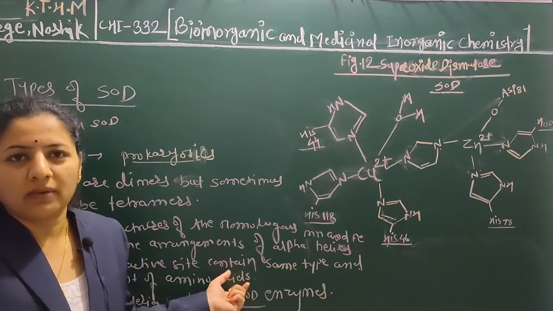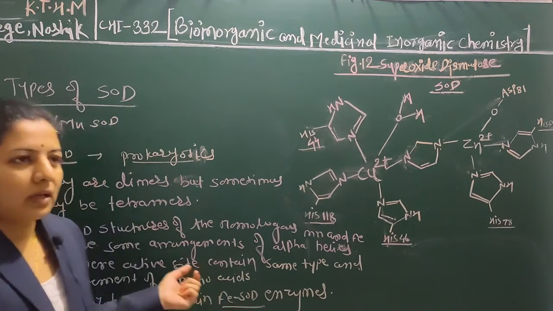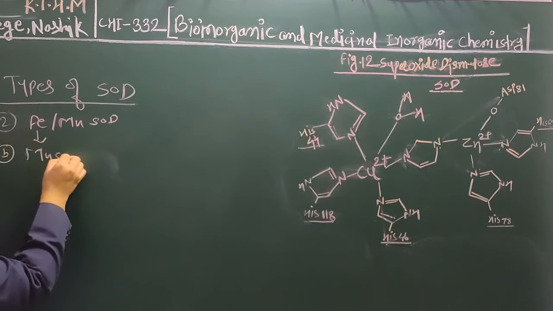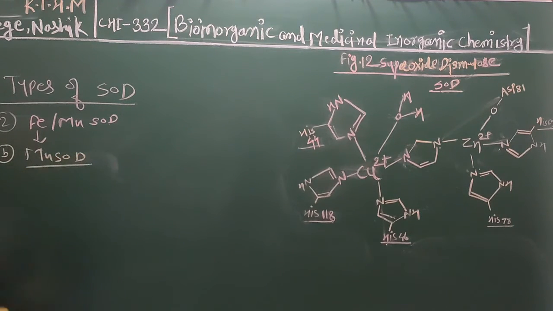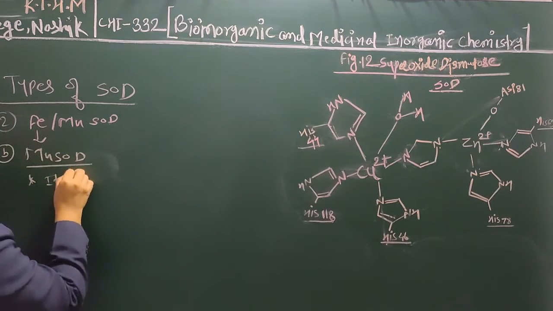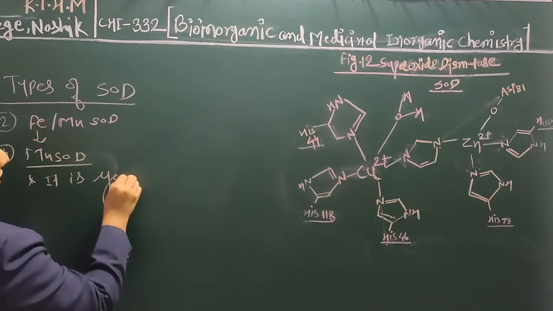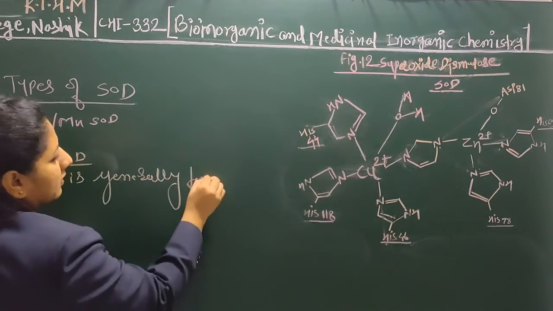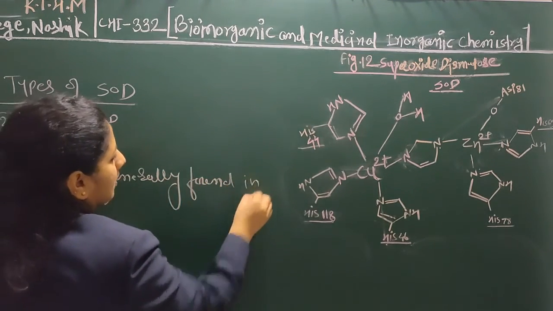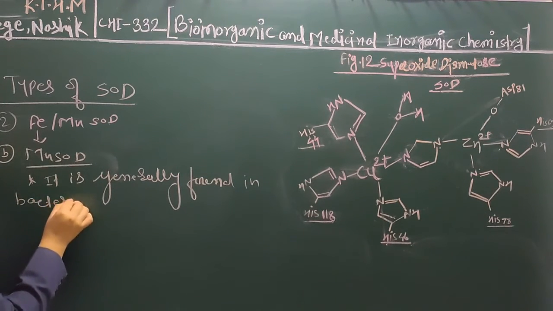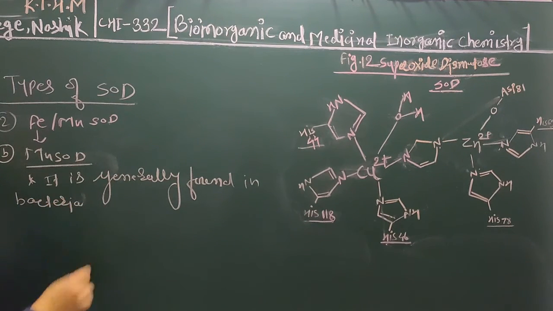Let's discuss manganese superoxide dismutase, MnSOD. It is generally found in bacteria as well as human mitochondria.